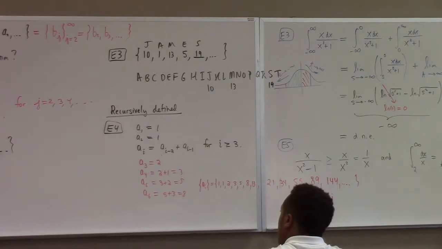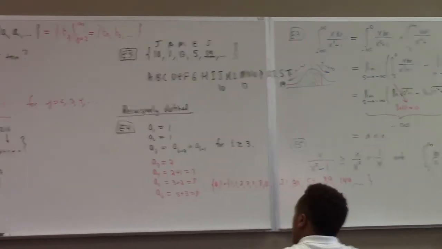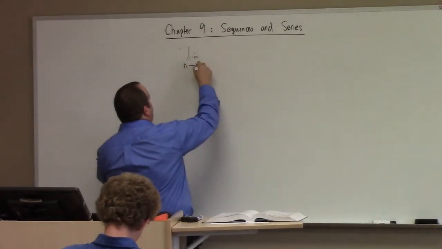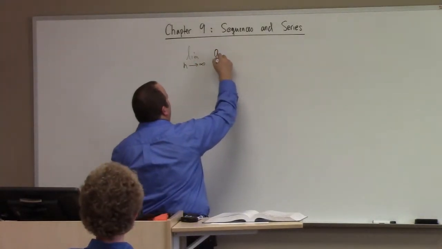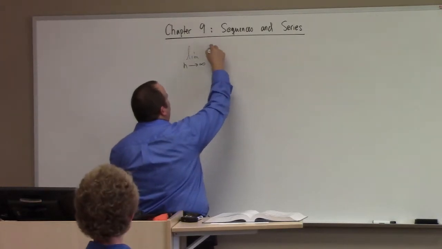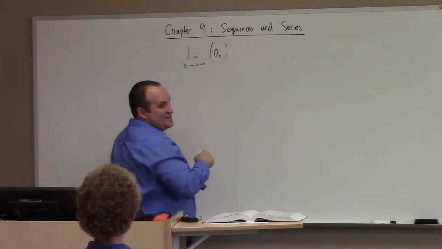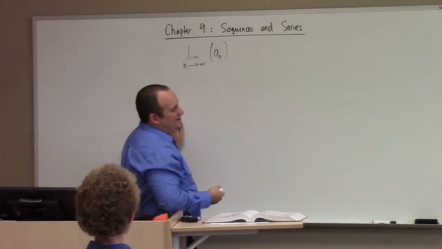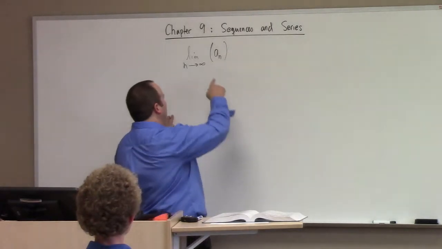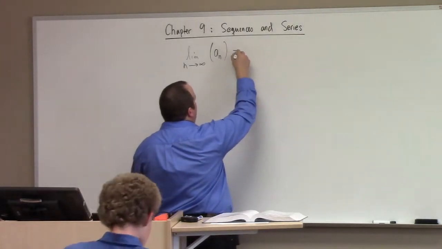They are examples of something where if we were to take the limit as n goes to infinity of a sub n, and usually we use sub n, not sub i, for a sequence. I usually talk about i to start with, but eventually I'll shift back to n. Limit as n goes to infinity of a sub n is equal to L.